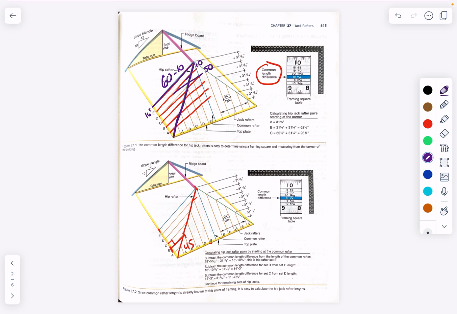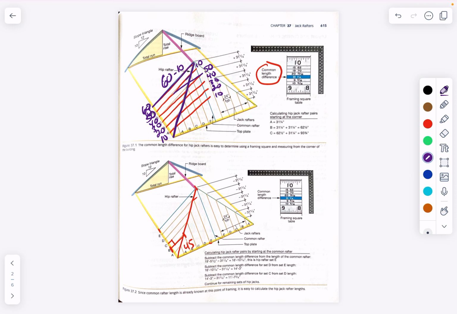Then you subtract your 10 inches again, so this one would be 40, then 30, then 20, and then 10. So here is your 10, 20, 30, 40, 50, 60.